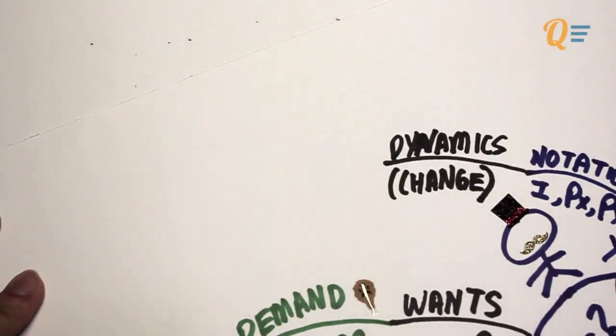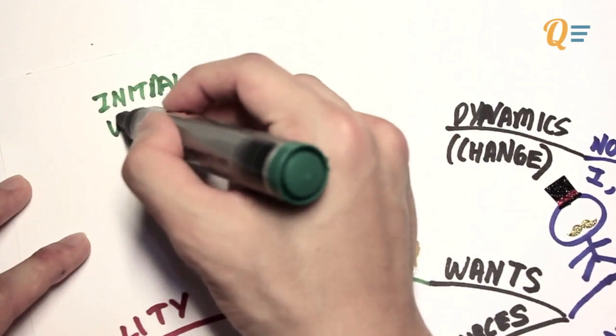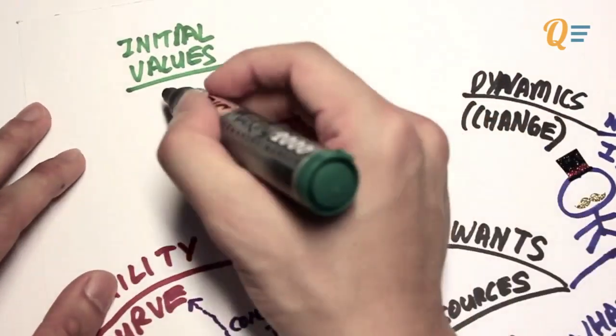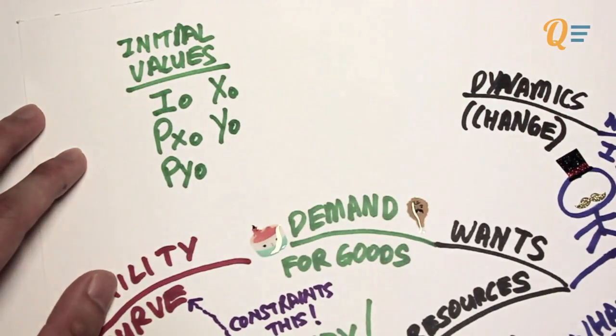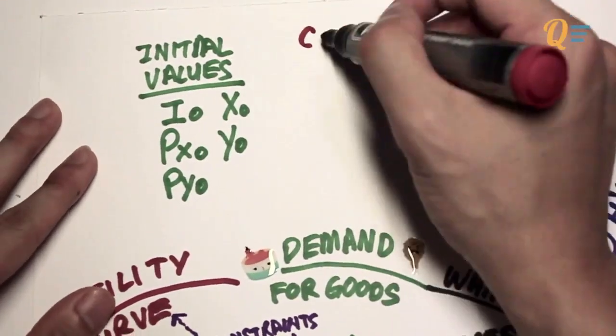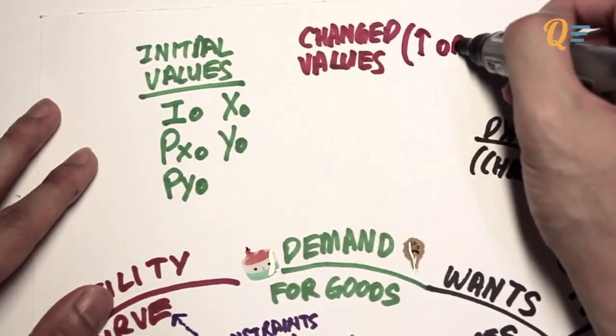So I'm going to show you how we notate the initial values for your income and your prices. What you notice is that we are going to add subscripts to these algebra expressions. So you've got I naught, Px naught, Py naught, and so on and so forth. So assume that these values change, maybe they increase or they decrease.